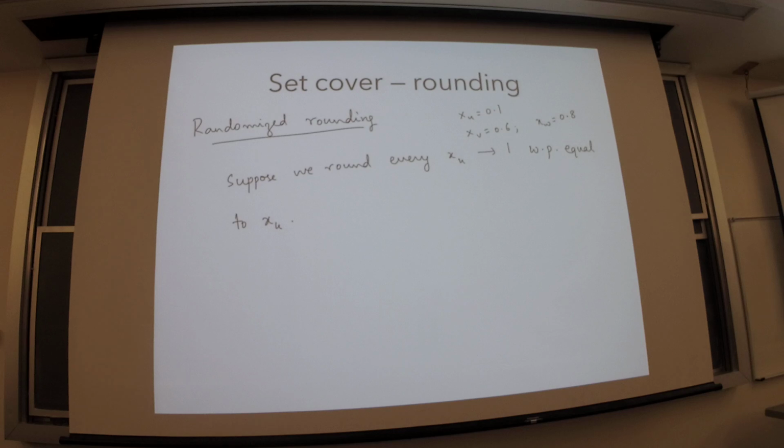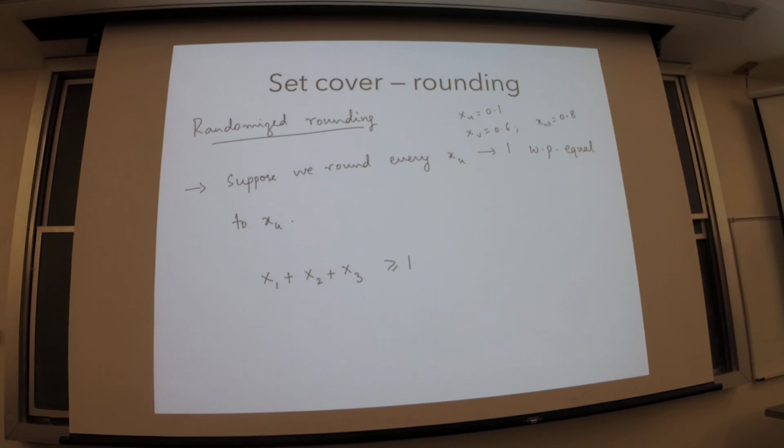Now I want to claim that what this does is something that's not so bad. Suppose I have some x1 plus x2 plus x3, which turns out to be bigger than or equal to 1. So let's say this is one of my constraints.